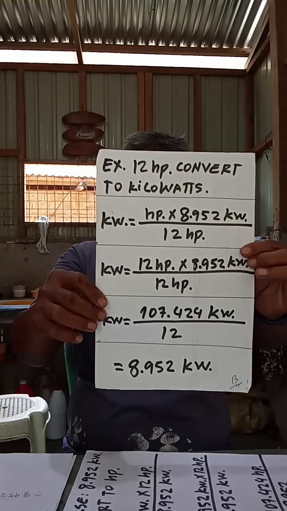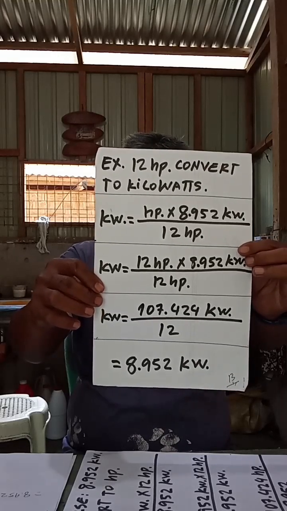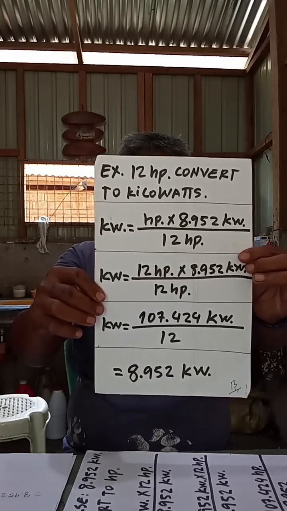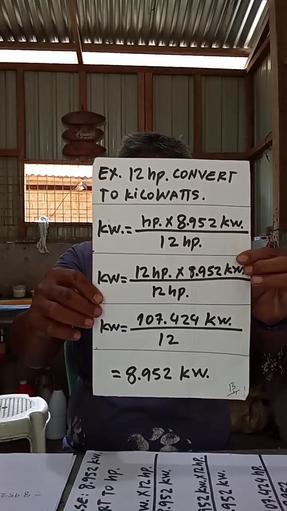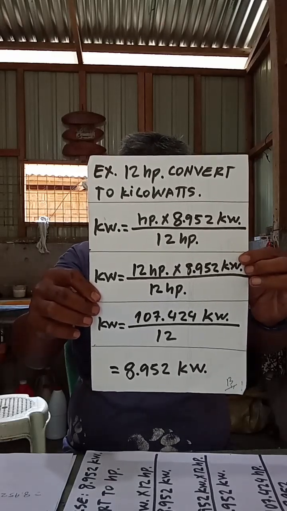So horsepower over horsepower, so cancel at maiwan ang kilowatt. So kilowatt, 107.424 kilowatt over 12. So equals 8.952 kilowatts. So again, 12 horsepower is equal to 8.952 kilowatts.